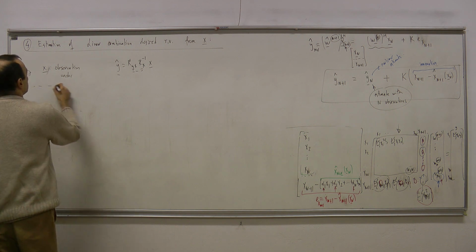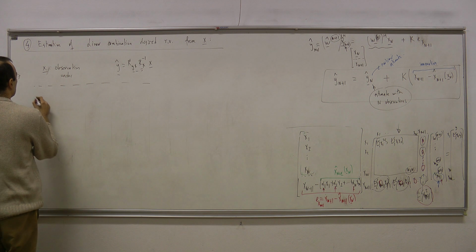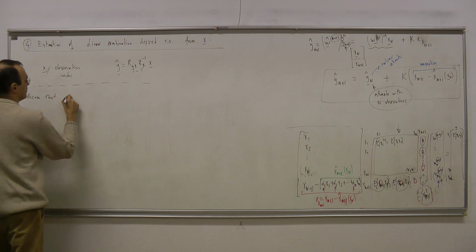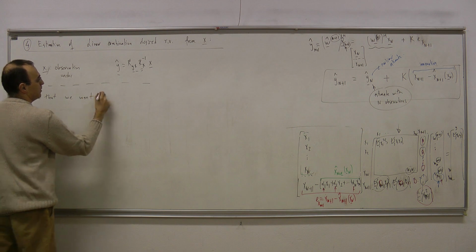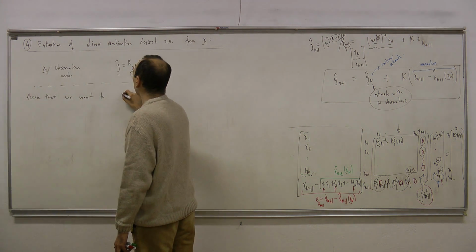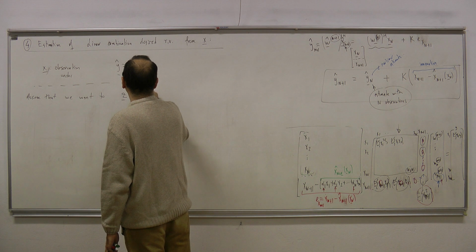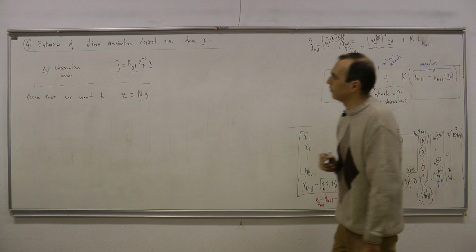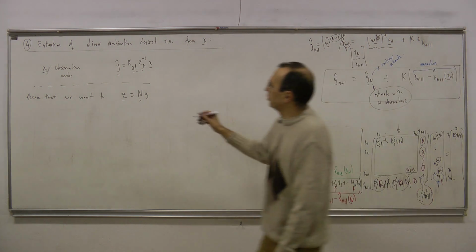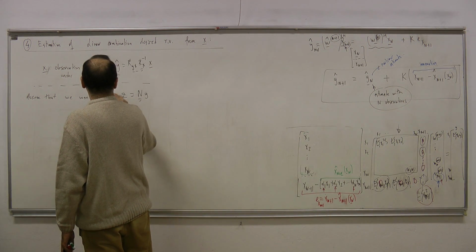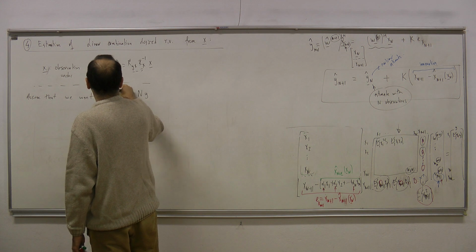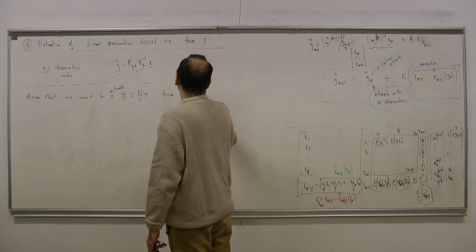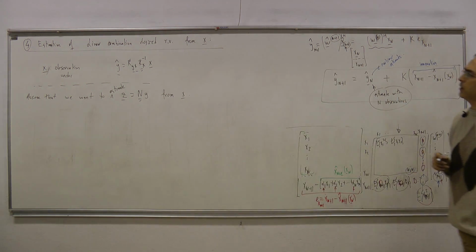Now the issue is, assume that we want to estimate, let's say, z is equal to, let's say, an N matrix times y. We want to estimate this from this x vector, by processing this x vector.